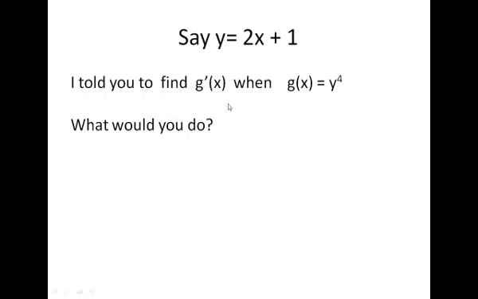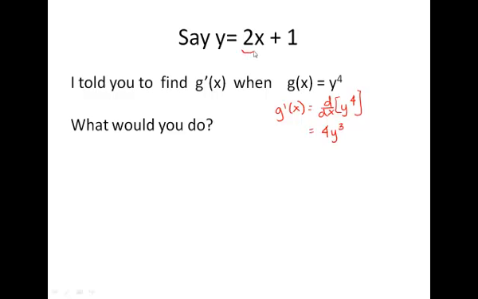Say I told you that y was equal to 2x plus 1. If you were to simply say, I want to find g prime, so g prime of x is equal to the derivative of this y to the 4th, and I wanted to derive this, well, by just simply stating what we did for deriving in terms of x, this would not be enough, and I'll show you why.